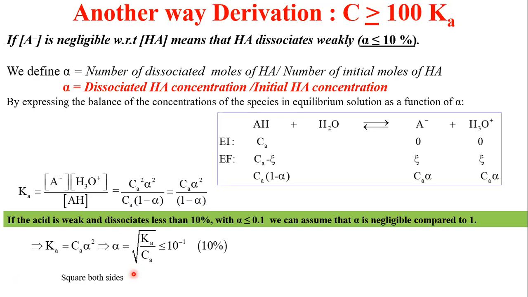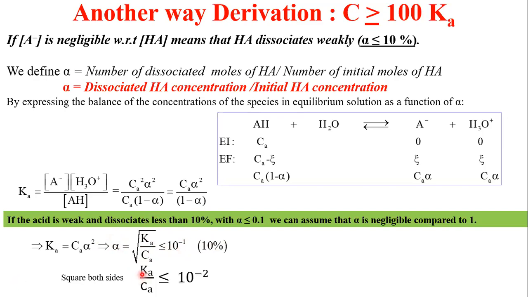And that means that alpha is the square root of Ka divided by C. Now, when did we say this is negligible? When alpha is less than 0.1, or 10 to the minus 1, or percent ionization is less than 10%. So this is less than 0.1.